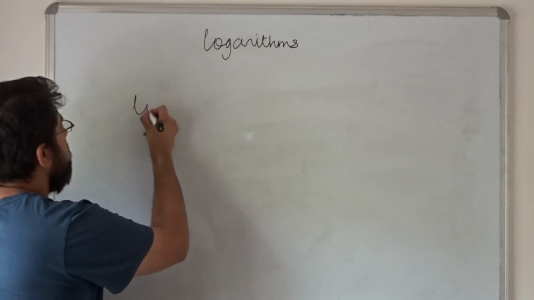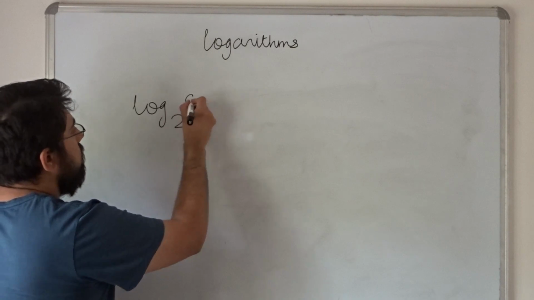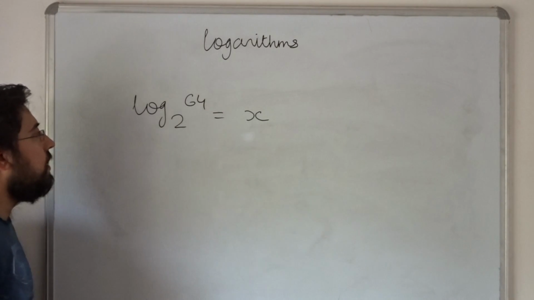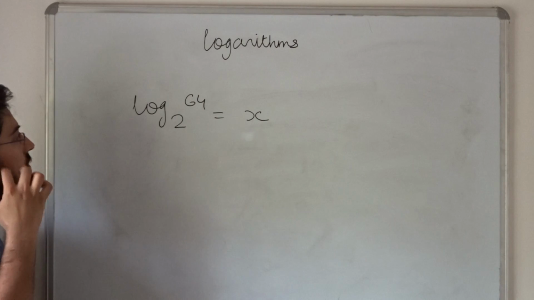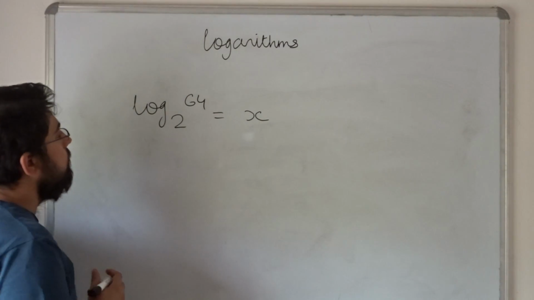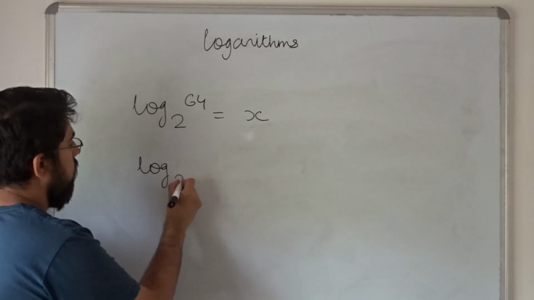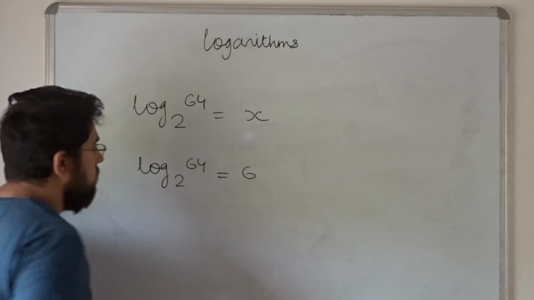I'll give you an example. We always kept on doing questions like this, right? But now I'm going to ask you something else. Okay? So, what is this, guys? Log base 2 to the power 64 equals 6.